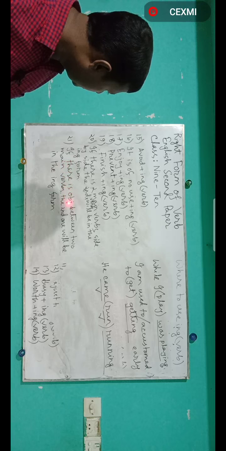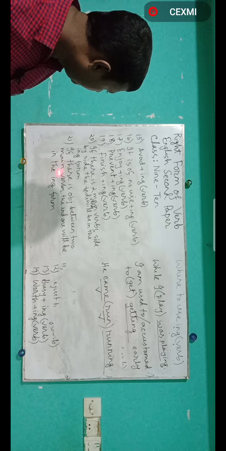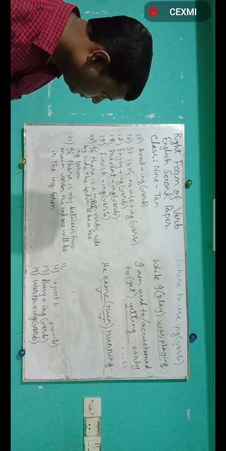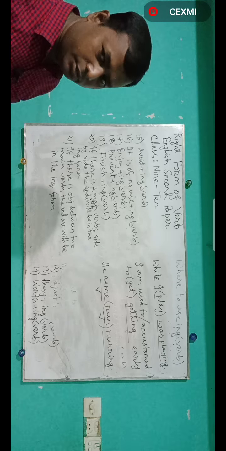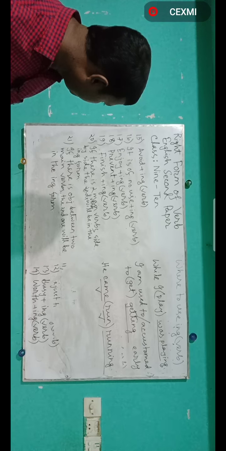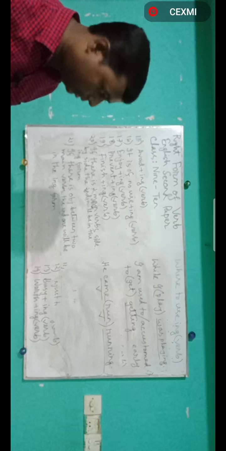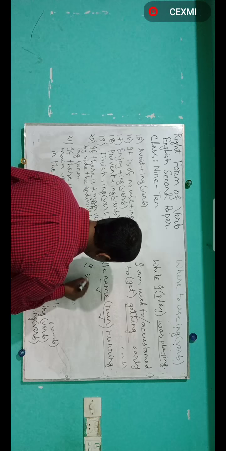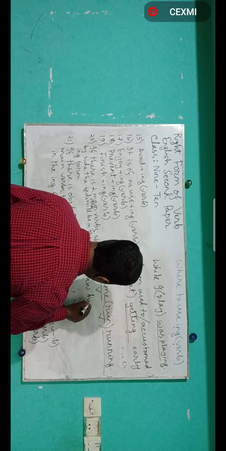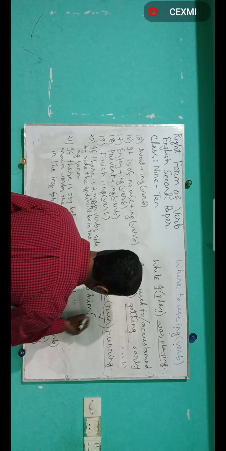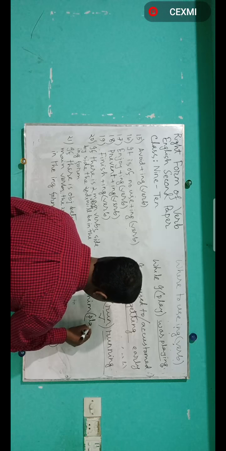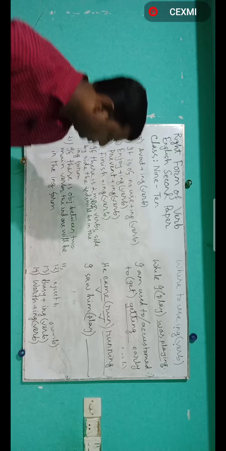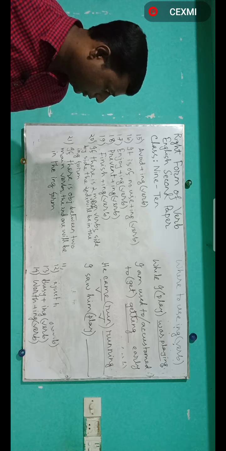If there is an object between two main verbs, the second one will be in the ing form. Dear students, I am giving the example of this rule now. You can write down. I saw him (play). Dear students, which part of speech is saw here?